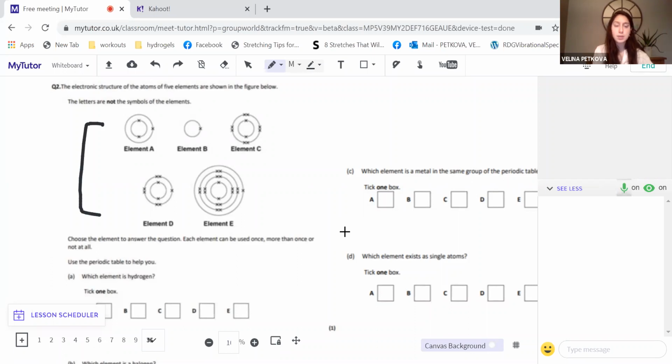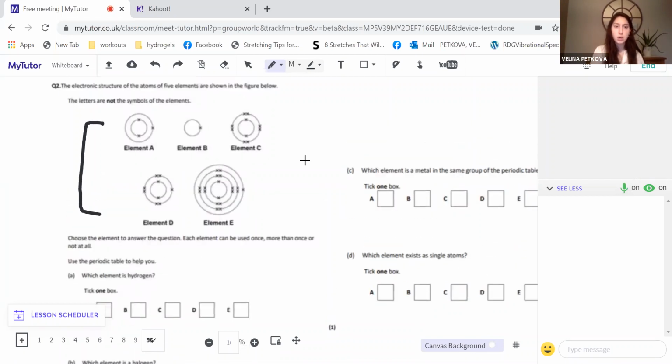So which of these elements is hydrogen? Do people have any ideas? Do you want to write the answer in? Which of these 5 elements is hydrogen? Yeah, brilliant, some great answers. So B is correct. We know that hydrogen has just 1 electron, and of course, we have just 1 electron in element B.